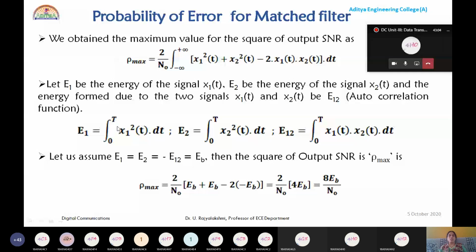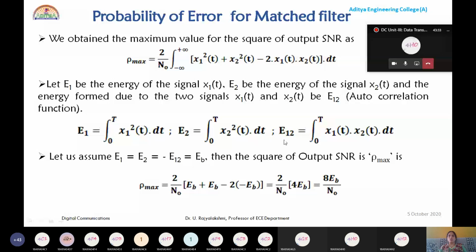So rho max will be 2 by N naught, integral minus infinity to plus infinity x1 square of t dt. That will be EB, plus similarly integral minus infinity to plus infinity x2 square of t dt. This, if it is for bit duration, will also be equal to bit energy. Next, minus 2 AB. AB is the product of positive magnitude and negative magnitude.